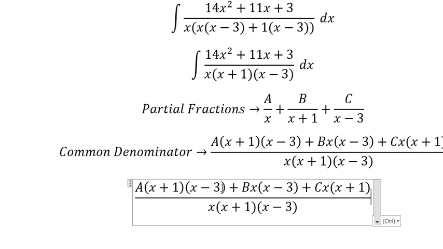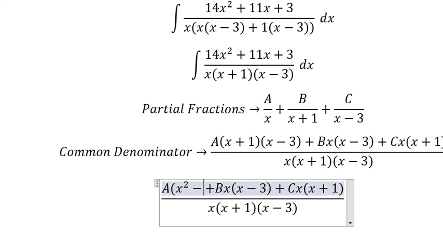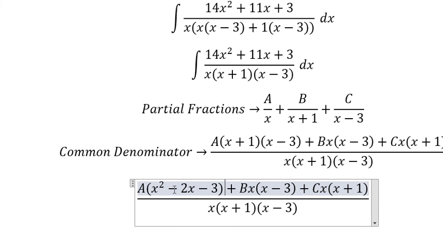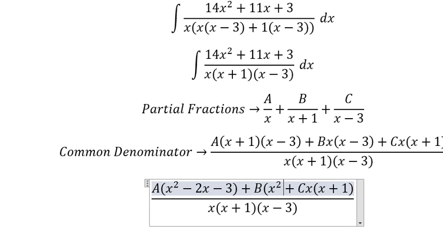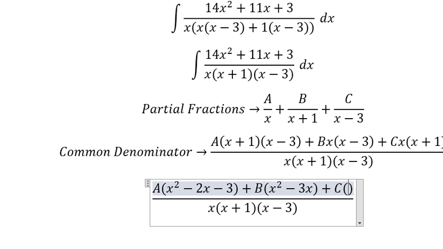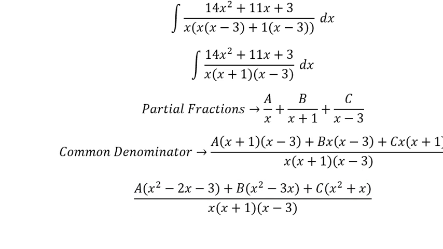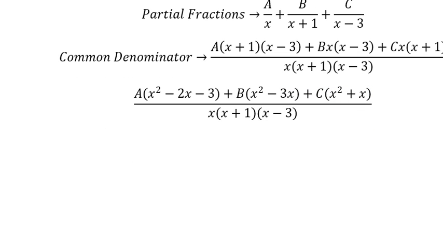So for this one, we need to expand, and we have like this. This one we have s squared minus 3s. This one we have s squared plus s. Now we need to arrange based on the terms of s.